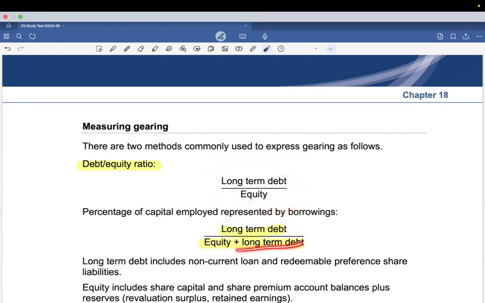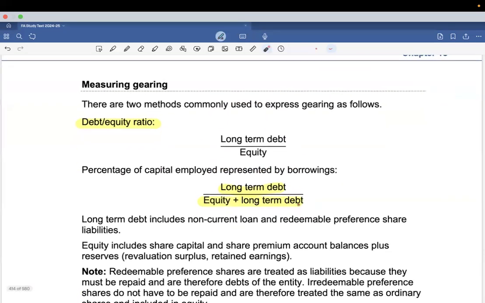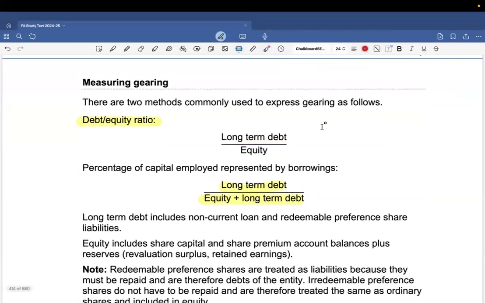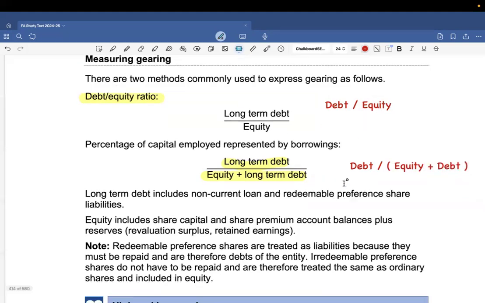Second equation is debt divided by equity plus debt. Understood?